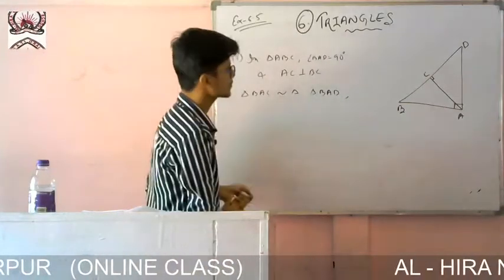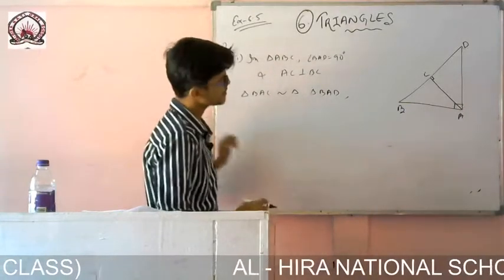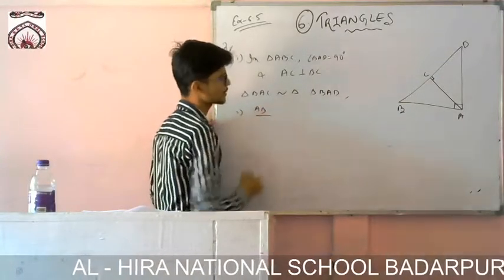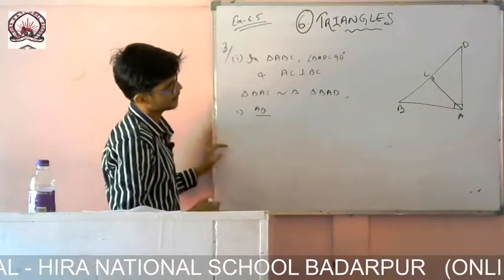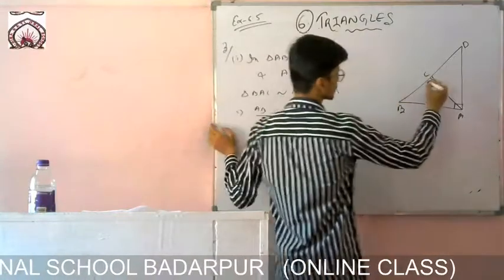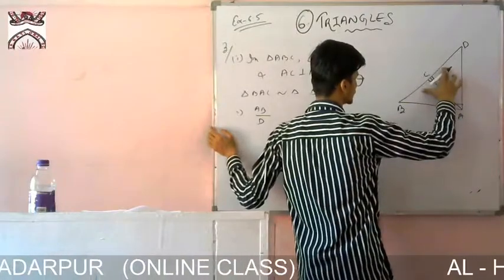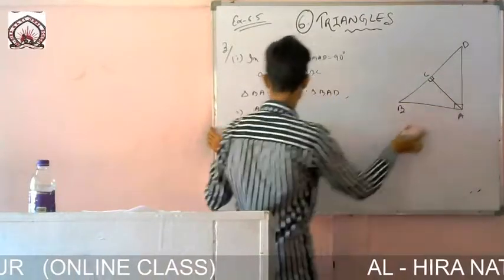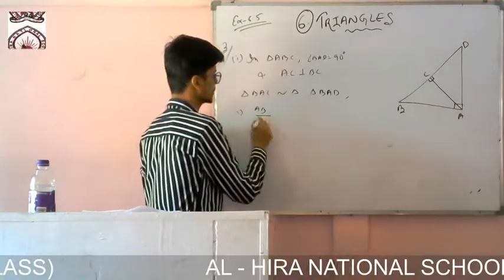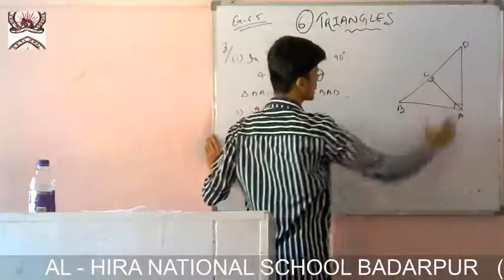If these two triangles are similar, then I can write that the sides will be proportional. So AB by BD, because AB is the hypotenuse of the whole triangle, which has the 90 degrees, and for this small triangle this is the hypotenuse and that is AB, and the corresponding side is BD.